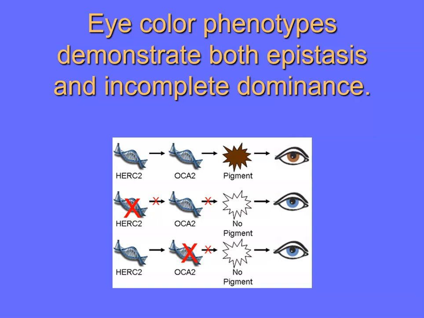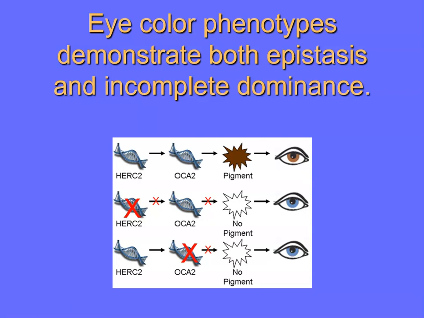So eye color is determined by about 16 genes. It's pretty complex, but we're going to simplify it here to the two that are mostly responsible for it. And they are abbreviated here as HERC2 and OCA2.